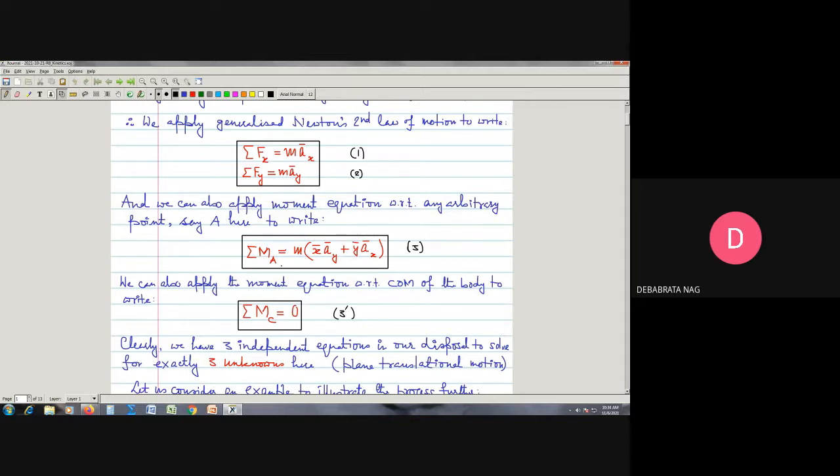So if instead of point A as our moment center in this equation, someone chooses the center of mass as the center of moment, that means we take the point C, which represents the center of mass of this rigid body, and we take the moment of all these external forces about the center of mass, then of course summation MC will be equal to 0.